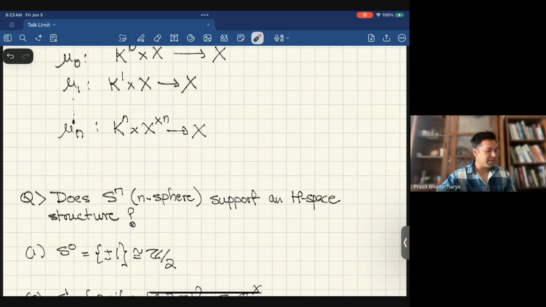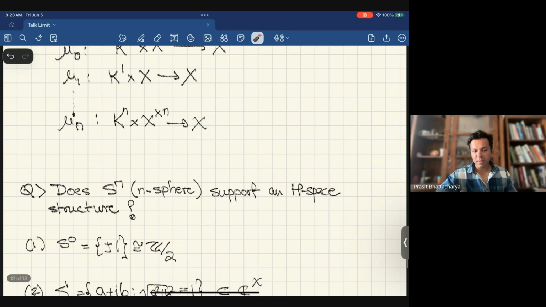For example, let's start with S^0, the zero sphere, which is the boundary of the one disk, the unit interval, so it is plus or minus 1. You see that plus or minus 1 can be thought of as Z mod 2. So it's not just an H-space. It's in fact a strict monoid. In fact, it's a group. So S^0 is just a group.